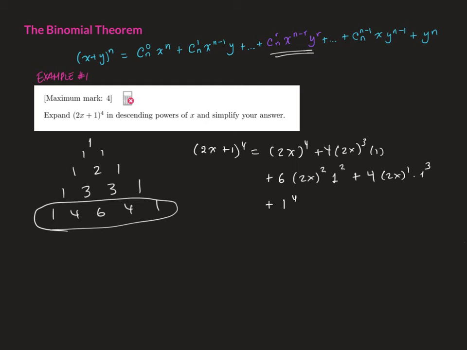So simplifying, (2x + 1)^4 would be equal to 16x^4 plus 32x^3 plus 24x^2 plus 8x plus 1.